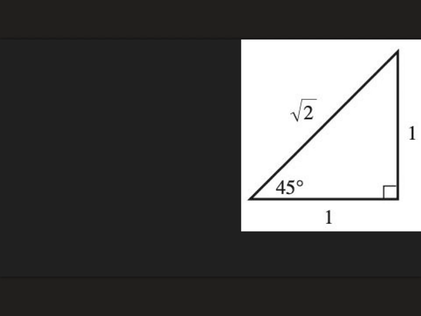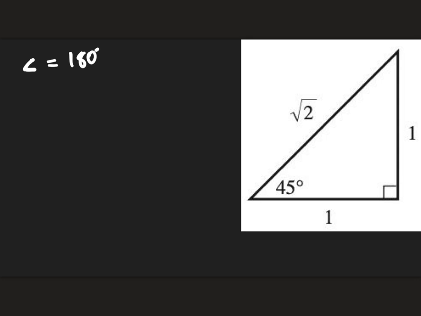Okay, so the first triangle we're going to start with is a 45-degree triangle. So if one angle is 45 degrees, what's the other angle? We know from geometry that all the angles in a triangle equal 180 degrees.